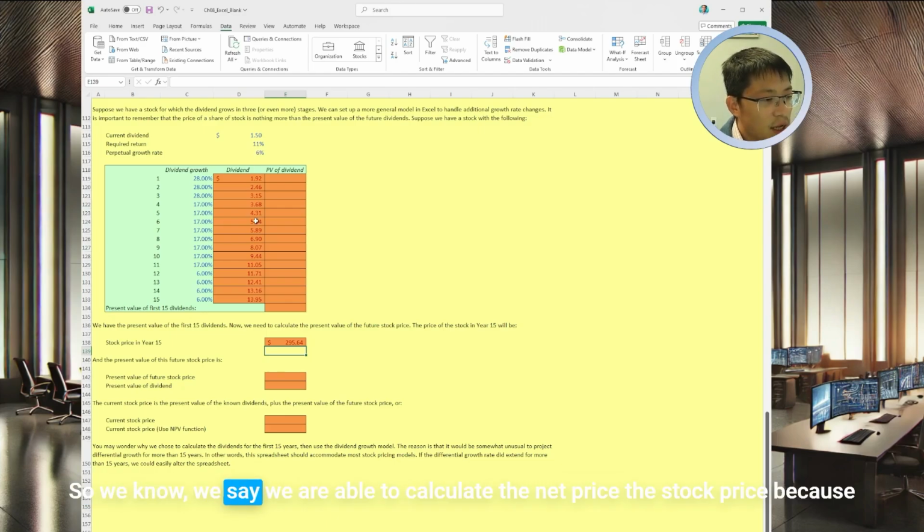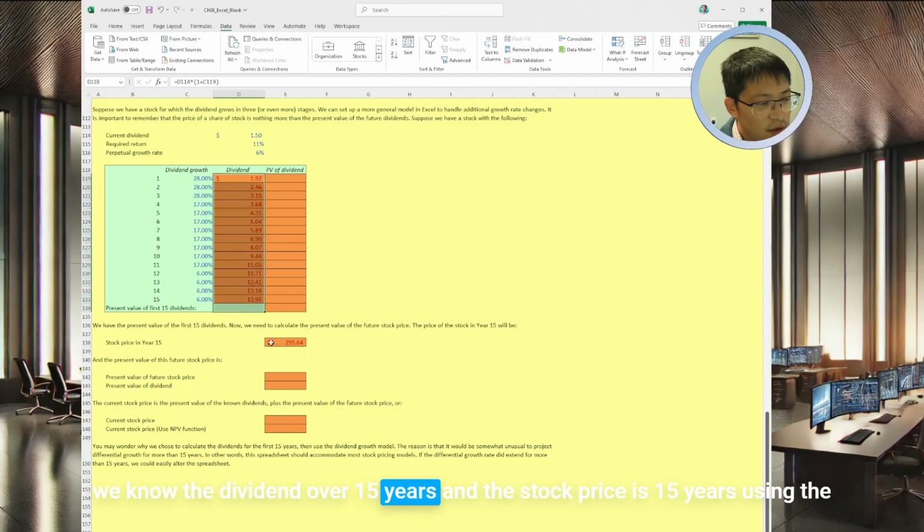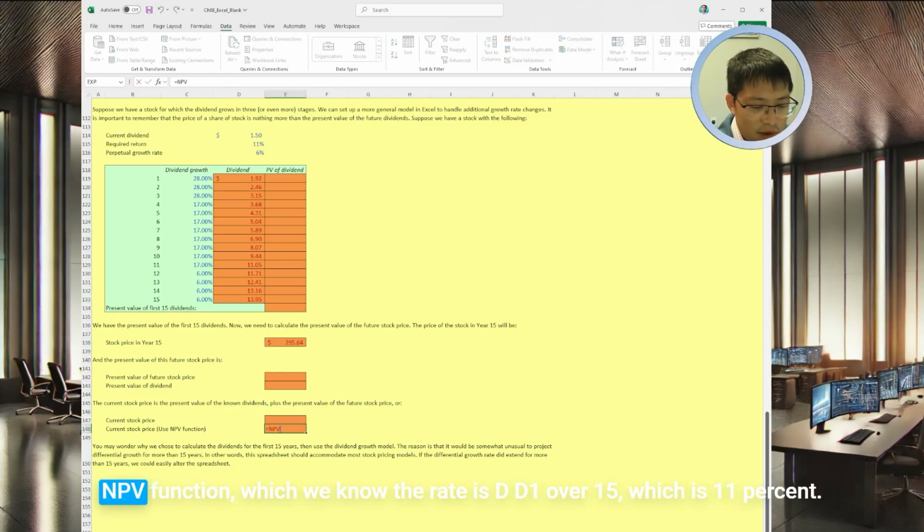So we are able to calculate the stock price because we know the dividends for 15 years and the stock price at year 15, using the NPV function, with the rate of 11%.